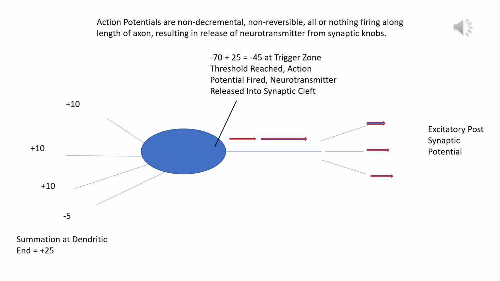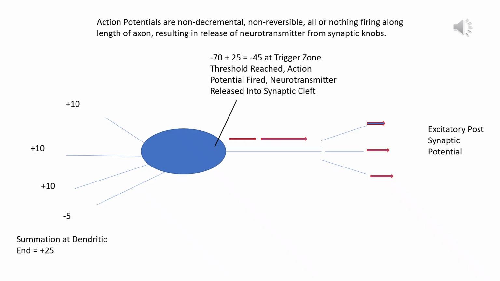So we have a local potential of plus 25. As it travels through the nerve cell body, advancing upon the trigger zone, a local potential of plus 25 would probably fade some.